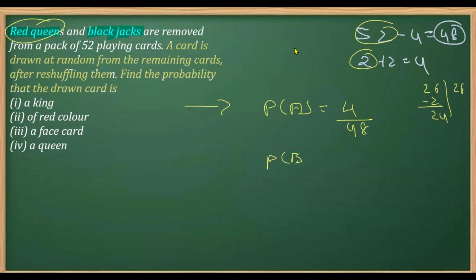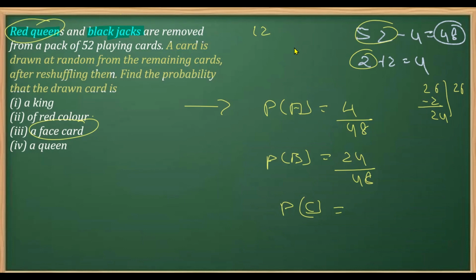So P(B) comes out to be how much? 24 over the total number of cards, which is 48 now. That's for the second part. Now for the third part, let's say it's face cards. How many face cards are there? 12 of them. 12 face cards are there, right? And these are what?